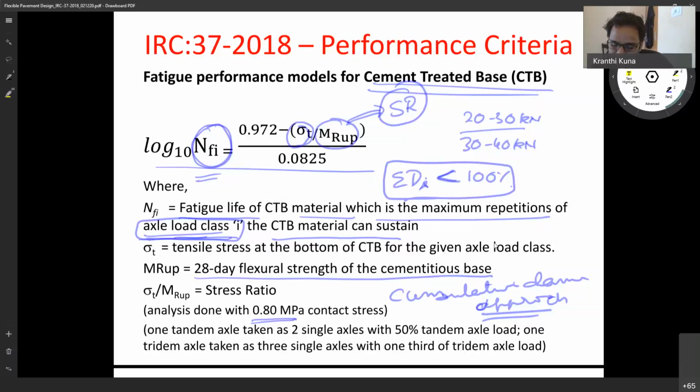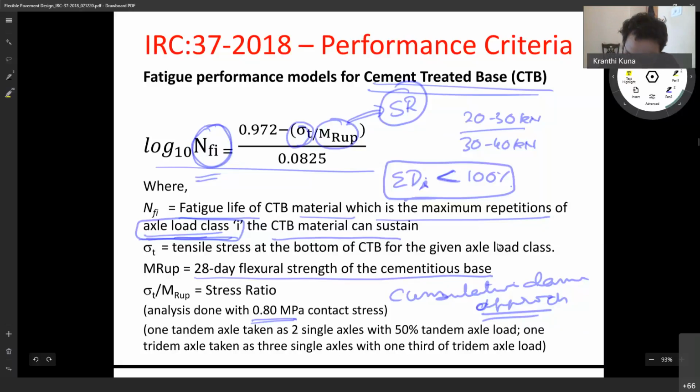But what exactly it is will be more clear if we do one example. During the example, if you have any more questions, we can discuss at that time. But the concept is, you want to find out the damage caused by each axial group individually, and sum up all the damage, and the sum of all the damage has to be less than 100%.